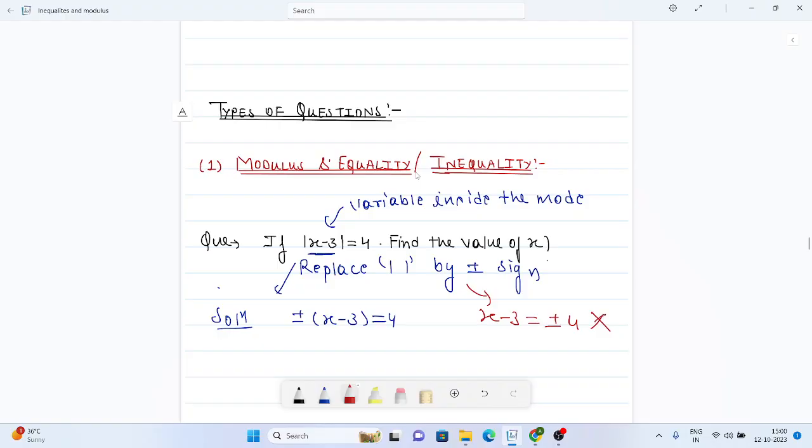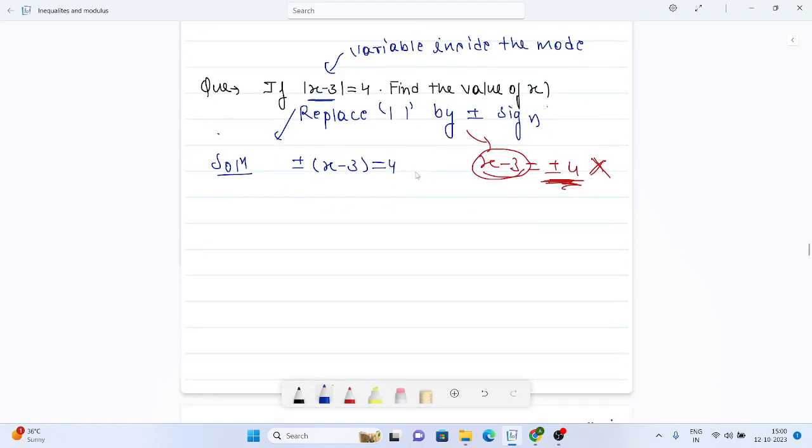You only replace the plus minus sign first here, not here, because it gives the wrong solution. So you simply open it like this, plus minus x minus 3 equal to 4. Now this gives two cases, x minus 3 equal to 4 and second one is minus of x minus 3 equal to 4. Then we solve one by one and get the two values of x.